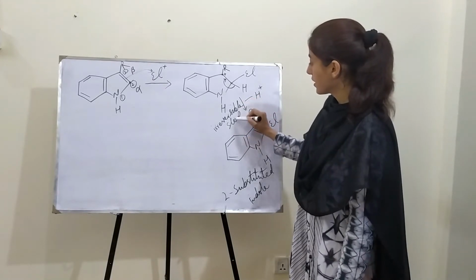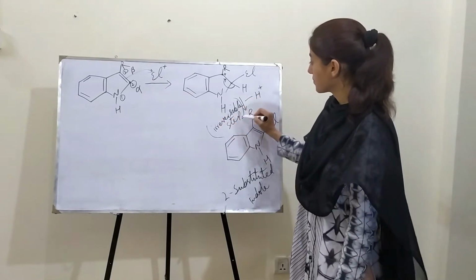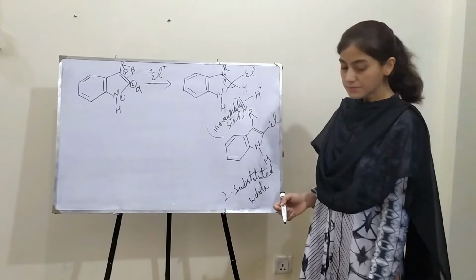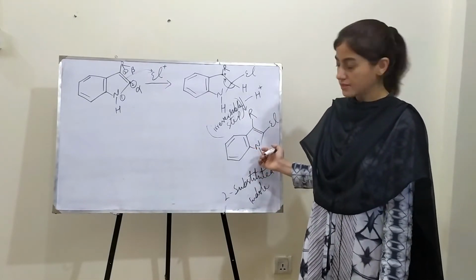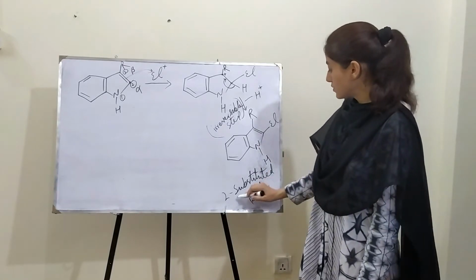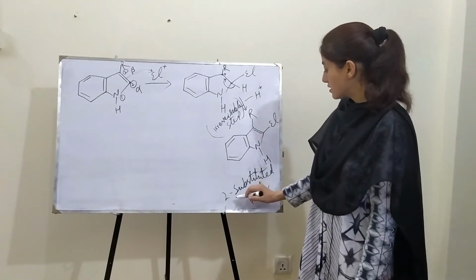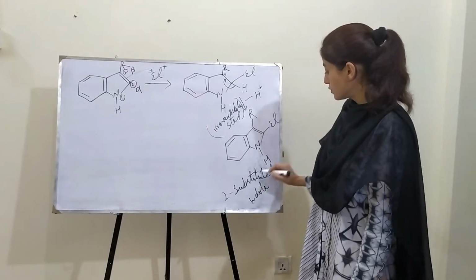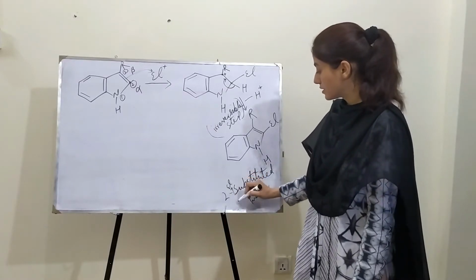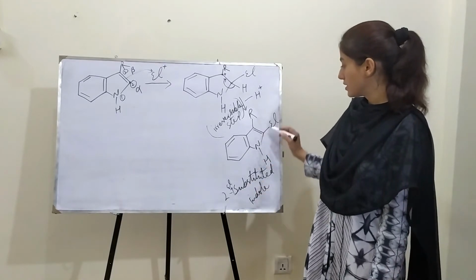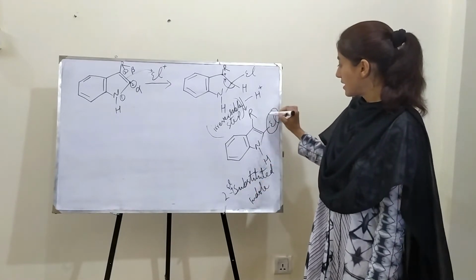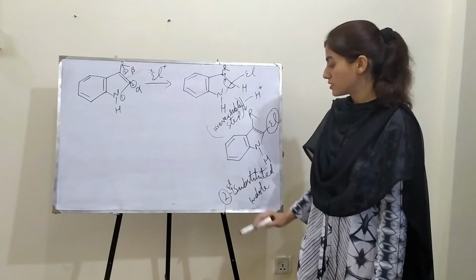This step is irreversible step where we get the 2 substituted indoles. 2 substituted indoles mean the 2 substituted indole, 2 electrophilic substituted indole. Yes, this is 2 electrophilic substituted indole because here the electrophile attacks at 2 position.